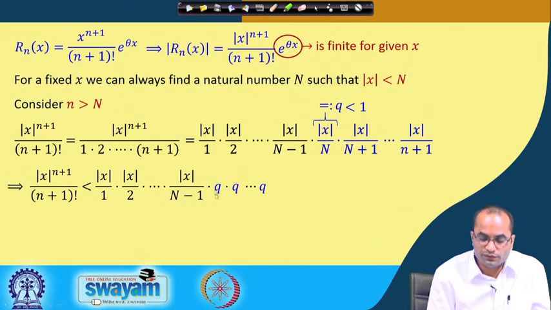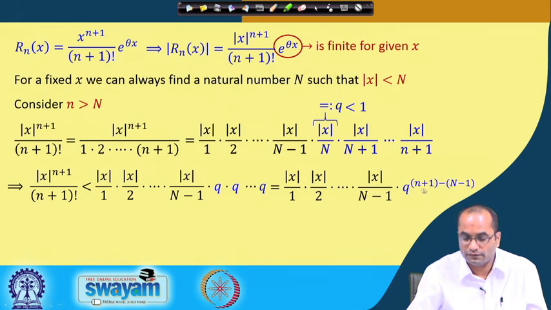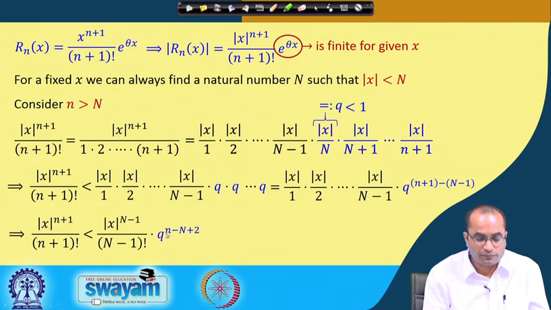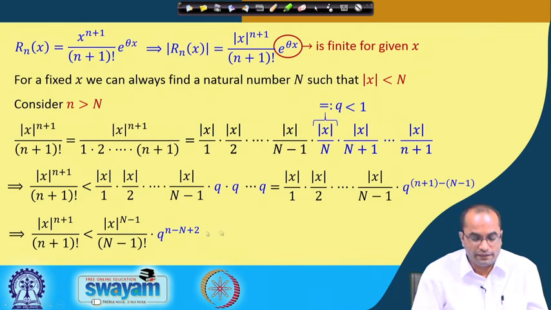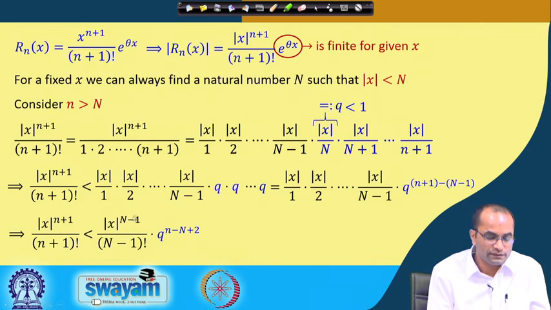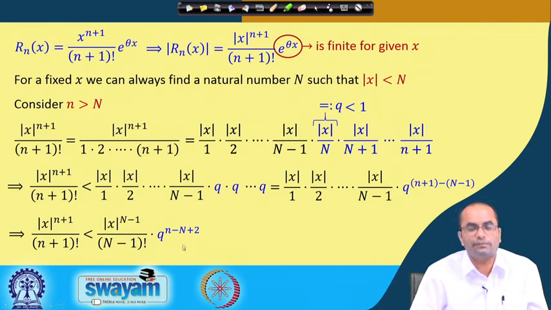Now, how many q's do we have here? N minus 1 terms are already there, and the total number of terms was n plus 1. So, n plus 1 minus (N minus 1) gives the number of q's, which is n minus N plus 2, and then we have modulus x power N minus 1 over factorial N minus 1.